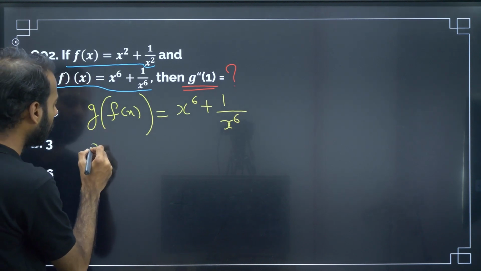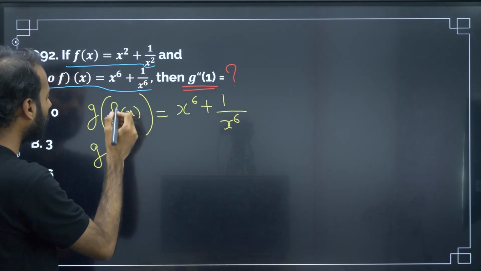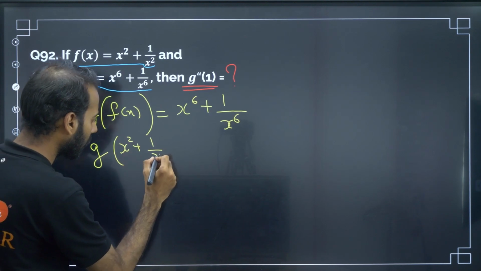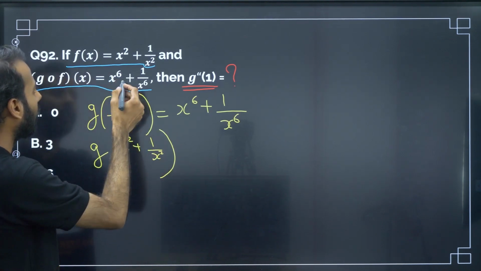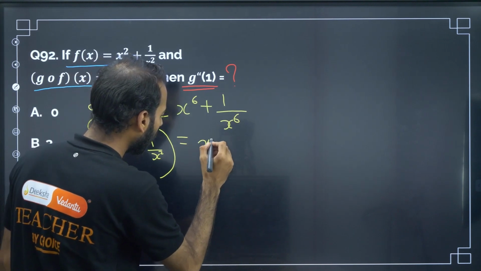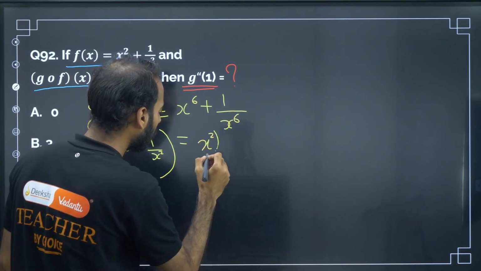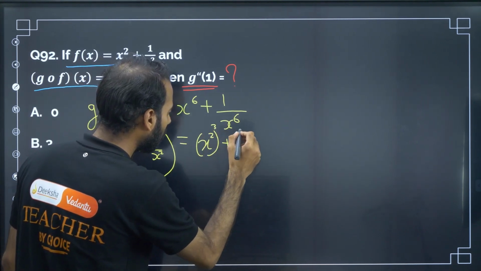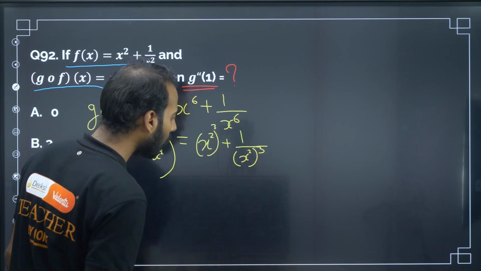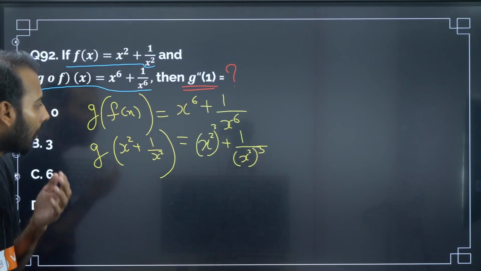For g function, if I am giving f as input, f is x square plus 1 by x square. See here, f of x, so this is equal to, let me write, (x square) whole cube plus (1 by x square) whole cube.